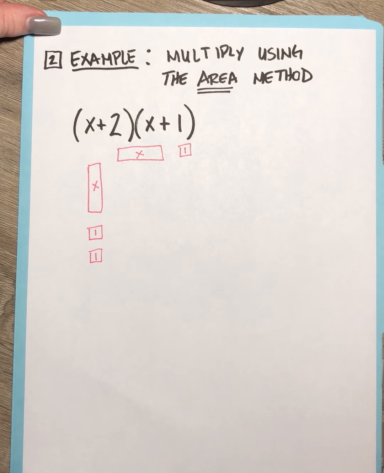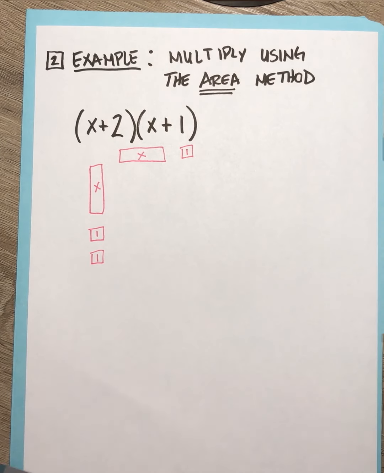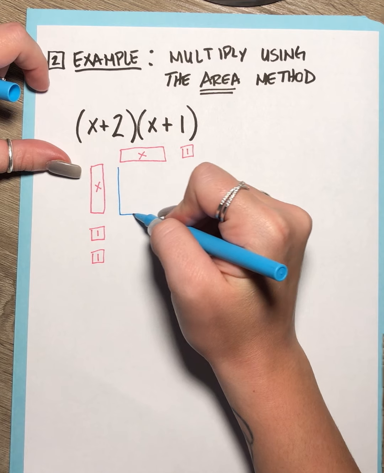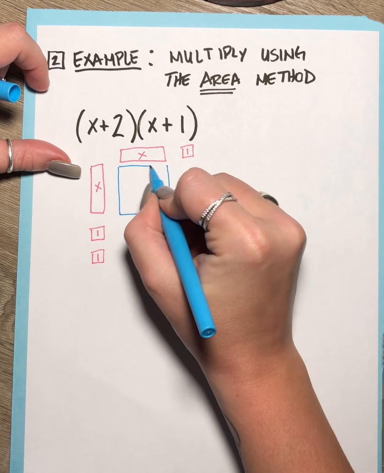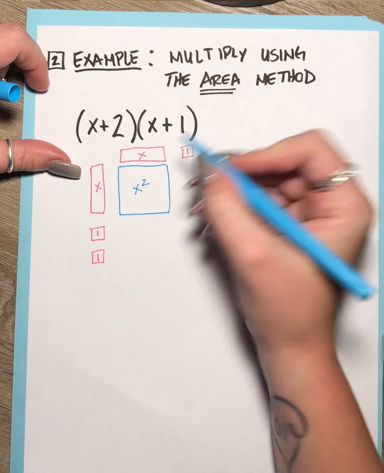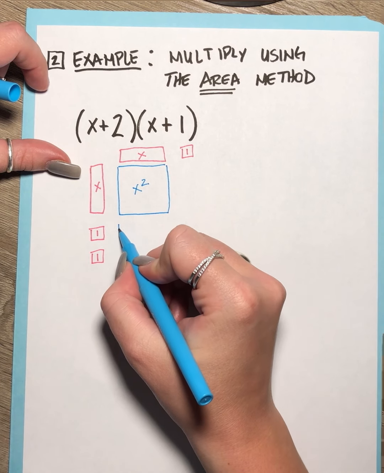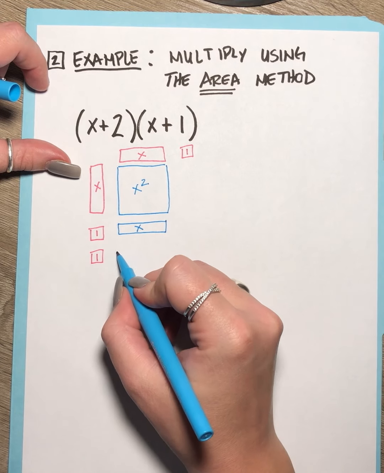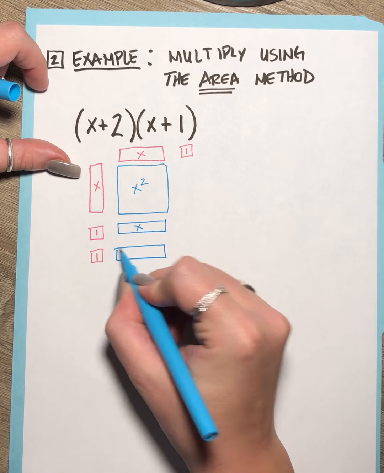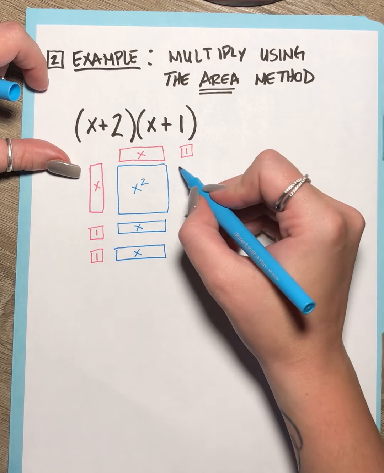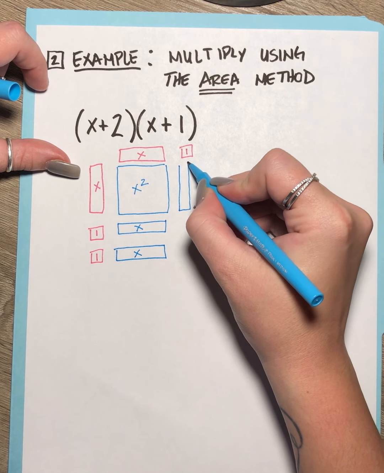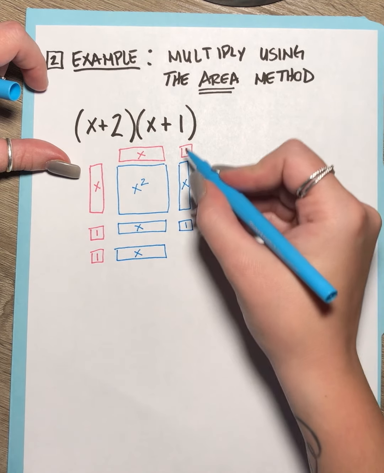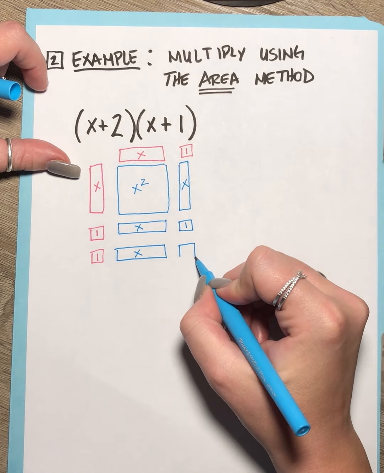All right, so now what do we do? Well, watch this. When you multiply x times x, we get x squared. x times 1, we get x. x times 1 again, x. x times 1, we get x. 1 times 1, we get 1, and then 1 times 1, we get 1.